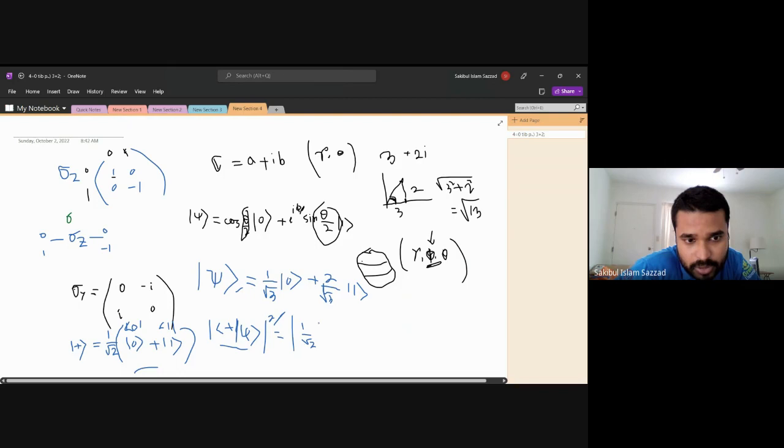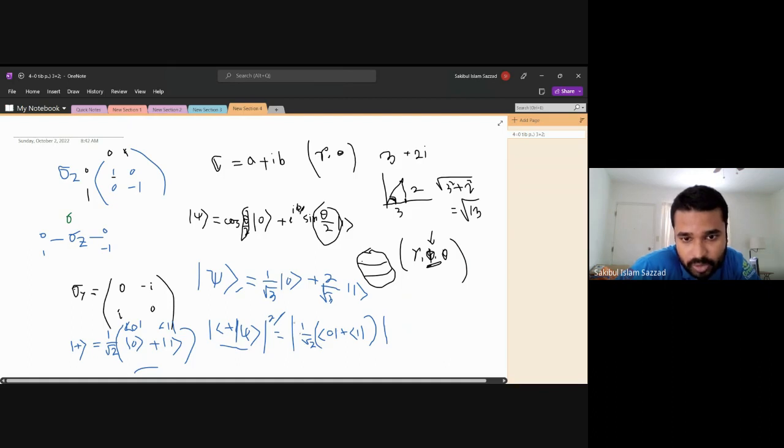Okay, give me a second. Am I making mistakes? No, this one is correct. So this is 0, then plus this is 1, and then I have to write the ket notation of this. There should be 1 over square root of 3.